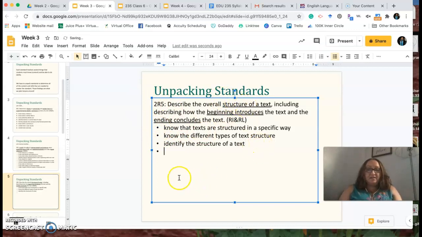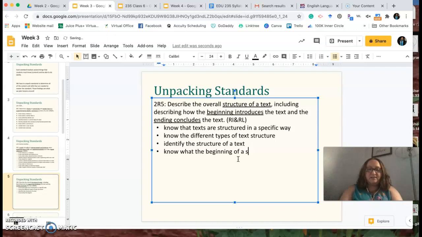Crazy, right? So, the next thing, that the beginning introduces the text. Well, let's keep in mind this is 2nd grade. So, they have to know what the beginning of the story is.